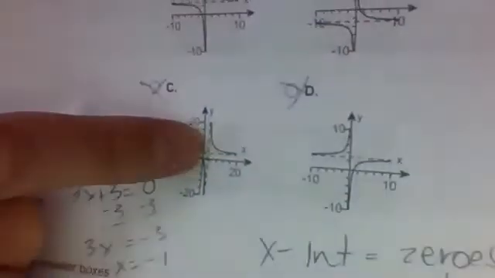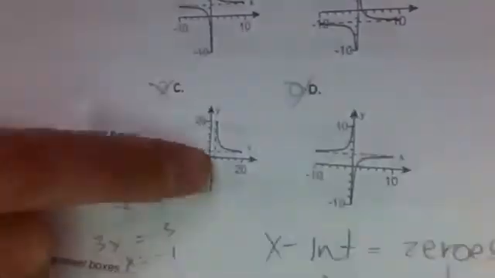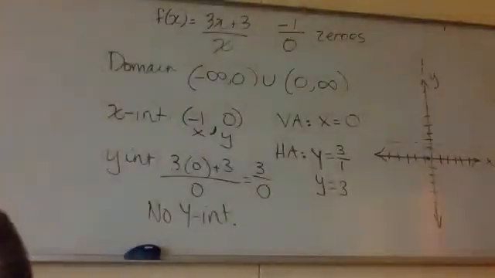So that's why it wouldn't be D. And this one, look at the vertical asymptote. It has a vertical asymptote over there in the positive area, right? Not at 0. See that vertical asymptote, that dashed line that goes up and down? It's not at 0. If it was at 0, it would be right on the y-axis. So that's why you could narrow it down to A.